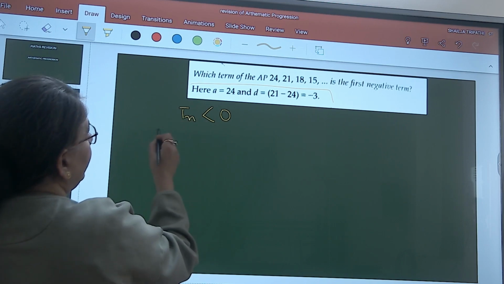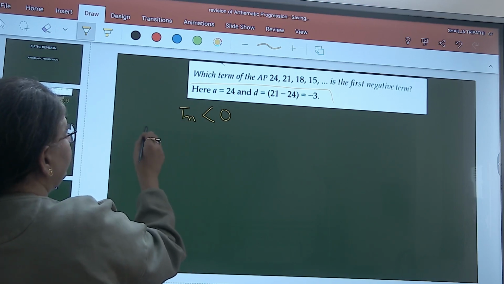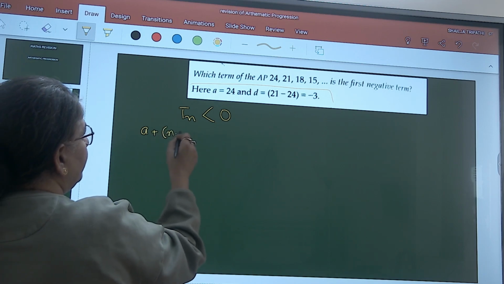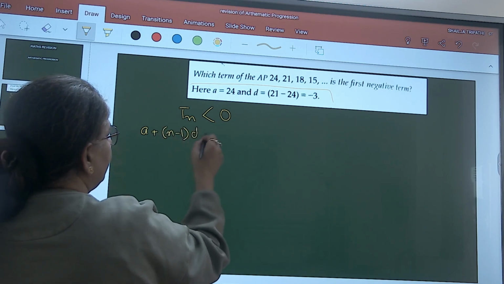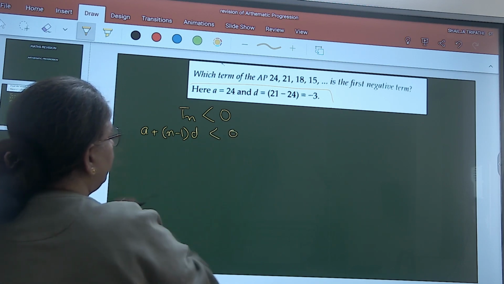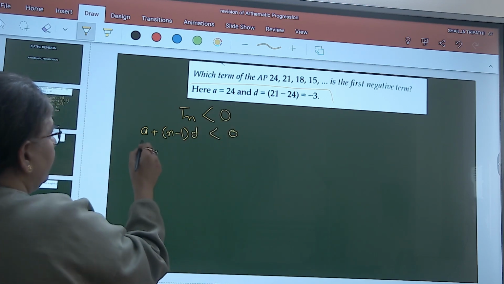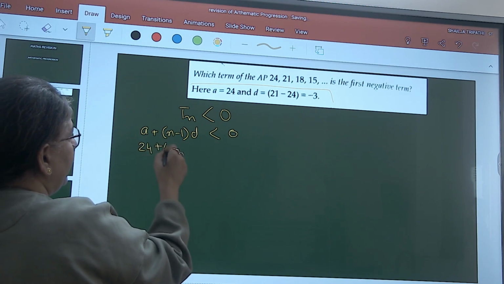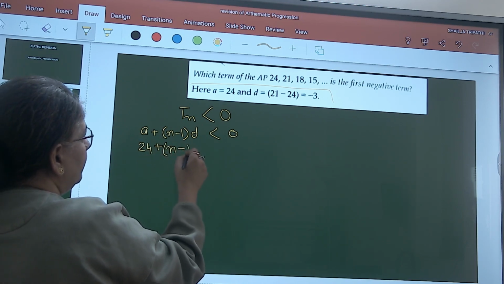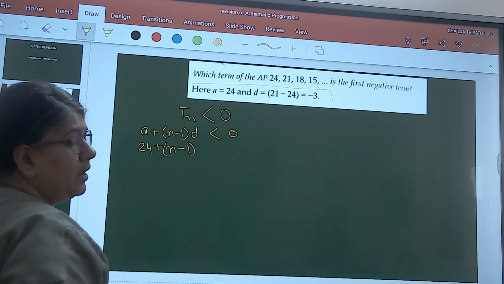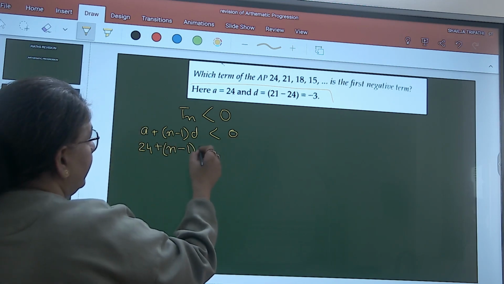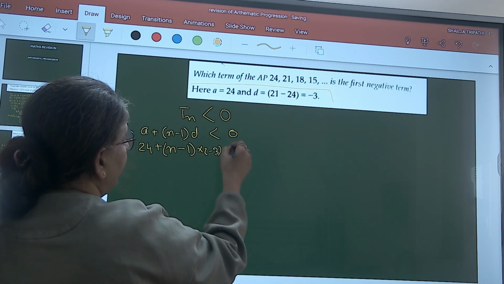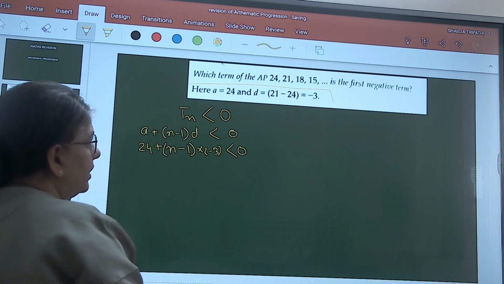So here we'll write Tn is written as a plus (n minus 1)d should be less than 0. So again a is 24, and we have to find the n term which will give the negative value, and d is minus 3, and this whole should be less than 0.